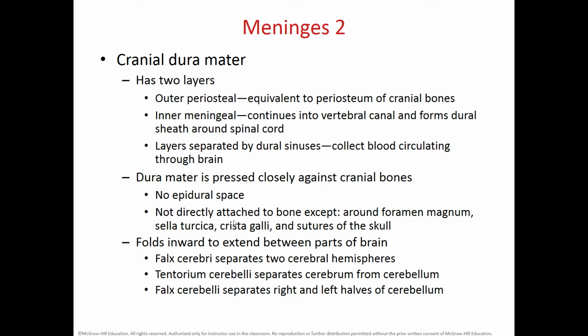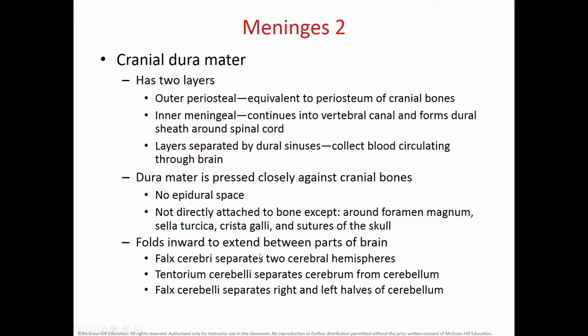And then this meningeal layer is the one that is going to continue into the vertebral canal, forming the dura mater around the spinal cord. And then within these 2 layers, we have these blood vessels that help to circulate the blood within the brain, that are called the dural sinuses.